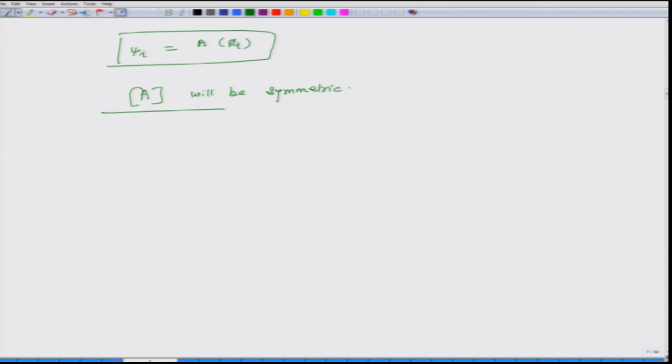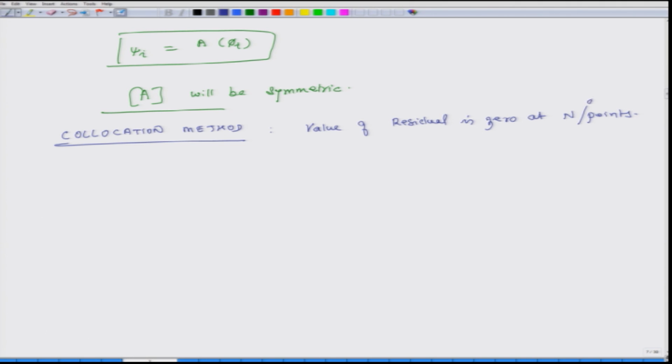And the last method we will discuss is called the collocation method. In this method what we say is that the value of the residual, I will make it discrete points.